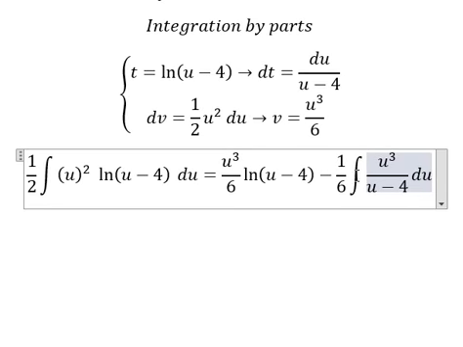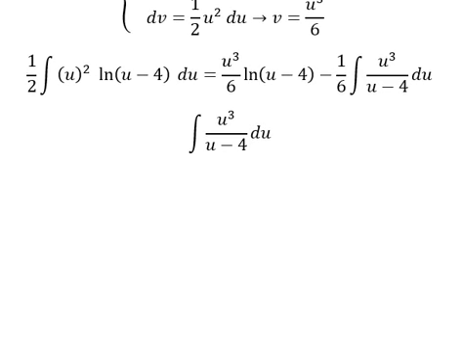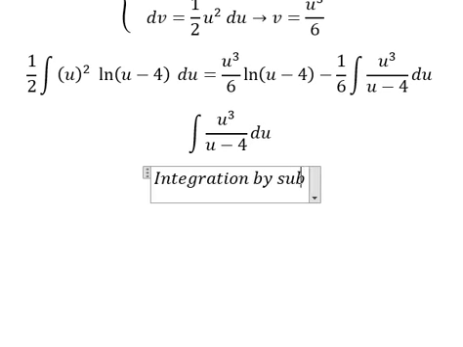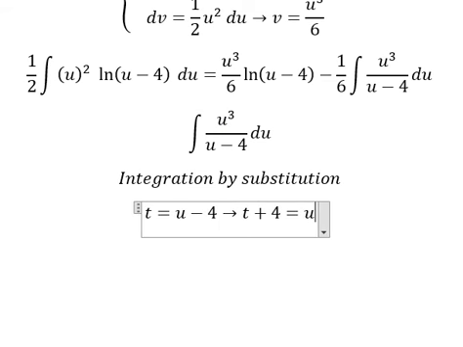And now I will concentrate on this one only. So we need to use integration by substitution. So I will put t equals u minus 4. Because we have u, I will put negative 4 to the left. And then we do the first derivative for both sides.